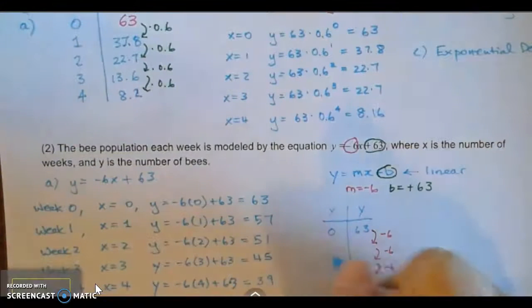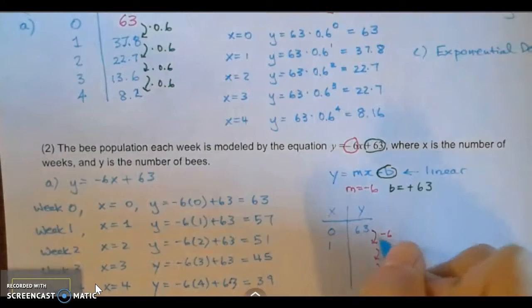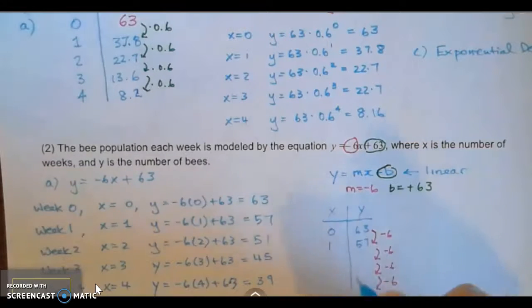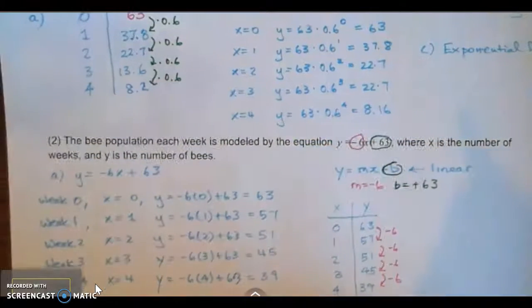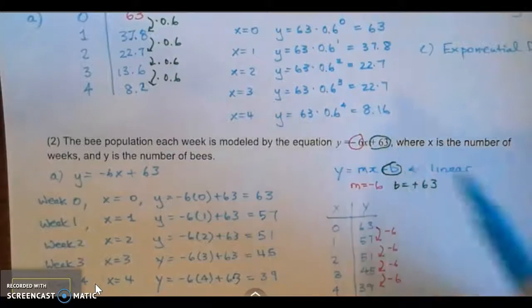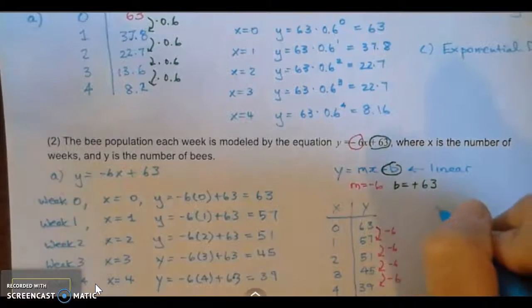Okay, so week 1, after I subtract 6 from 63, that's going to be 57. Week 2, after I subtract 6 from 57, 51. Week 3, after subtracting 6 from 51, is going to be 45. And then finally week 4 is going to be 39. So by week 4, I am going to have 39 bees, as opposed to problem number 1, where I had 8 bees after week 8. So that's the A part.